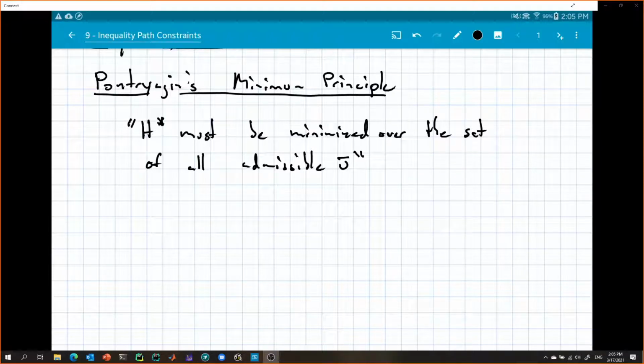Let me make this a vector to be clear. The controls that don't violate some inequality constraints.